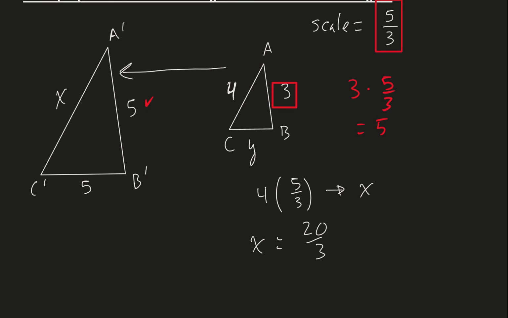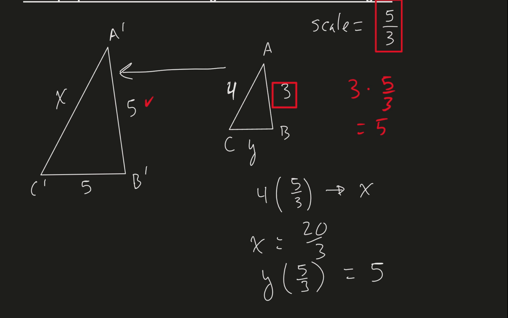Now I can use what I just said to figure out the length of y as well. However, this time y is on the original shape, so I'm going to multiply that by the scale factor. So you can see I'm going original dimension y times my scale factor 5/3, and that has to give me an answer of 5. So now I'm solving this equation to figure out what the length of y is.